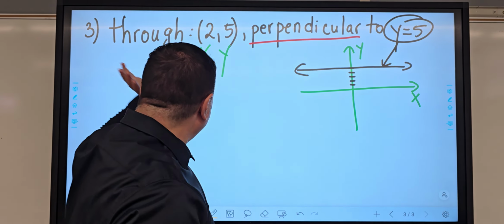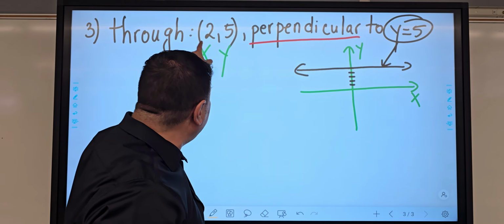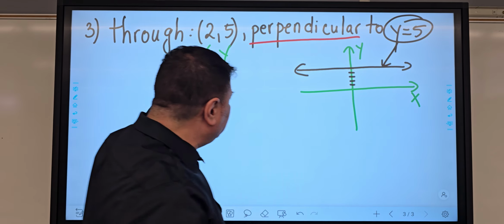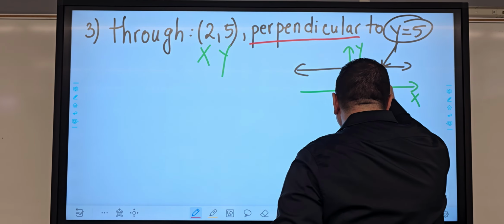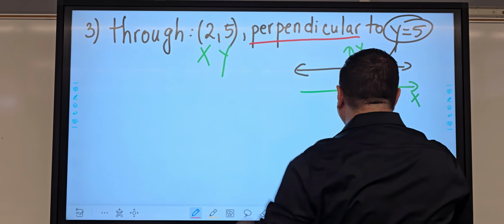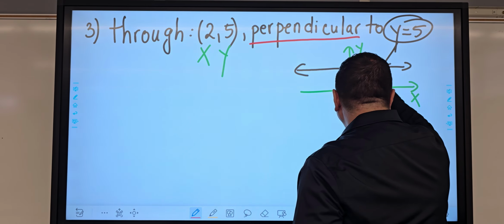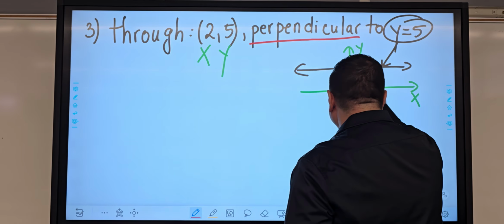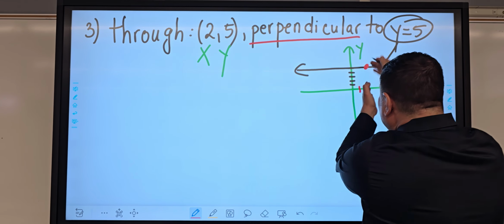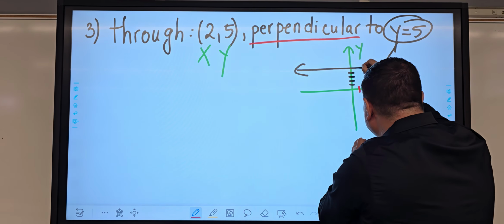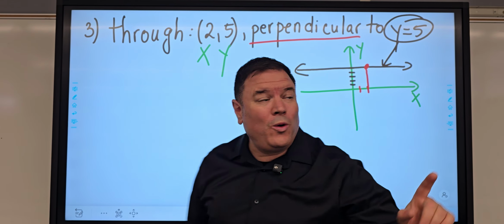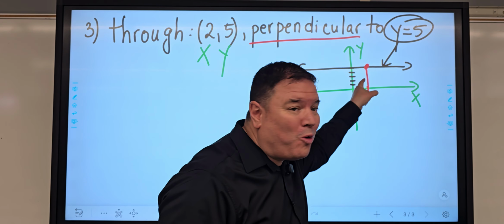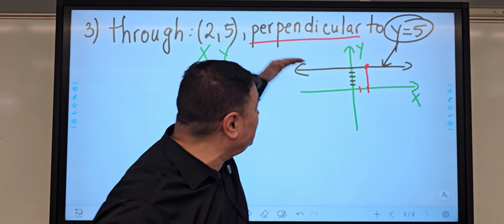But first, let's graph this point, 2 and 5, on x equals 2, y equals 5, 1, 2, 1, 2, 3, 4, 5, right here. Don't forget that.